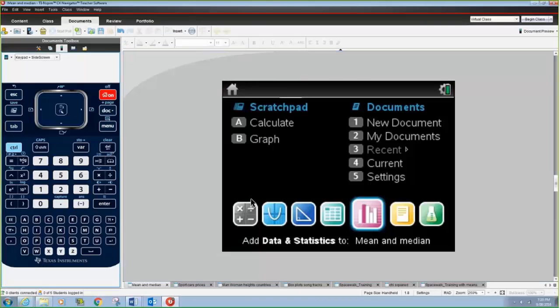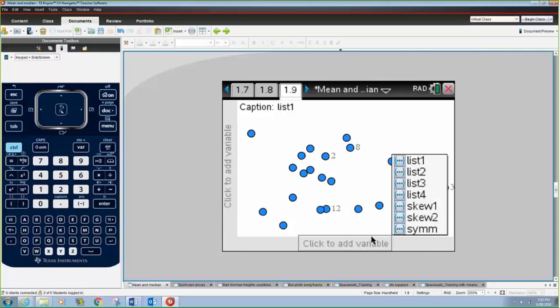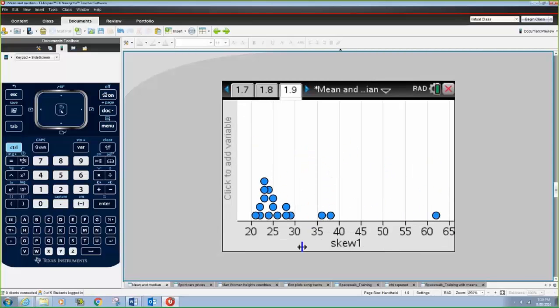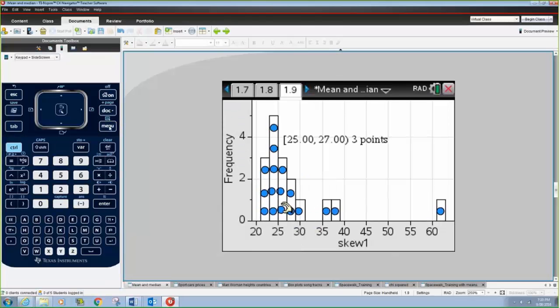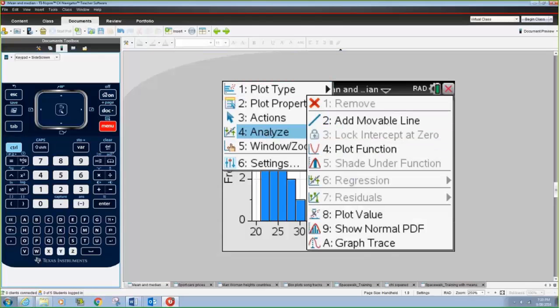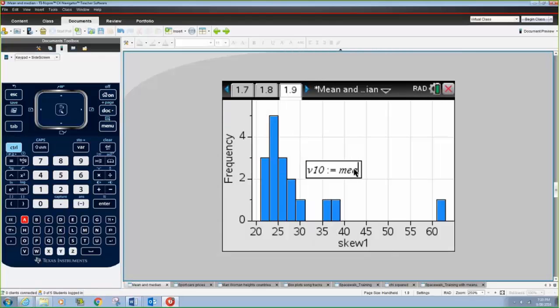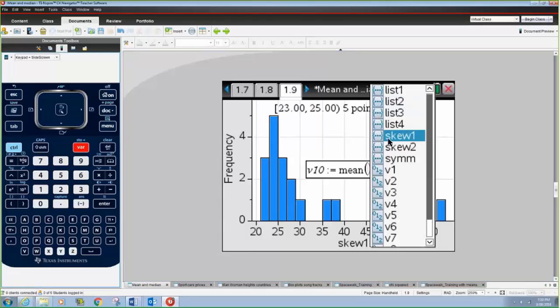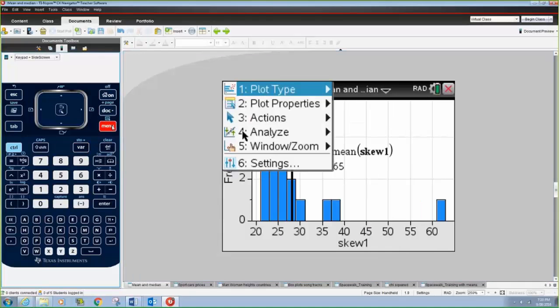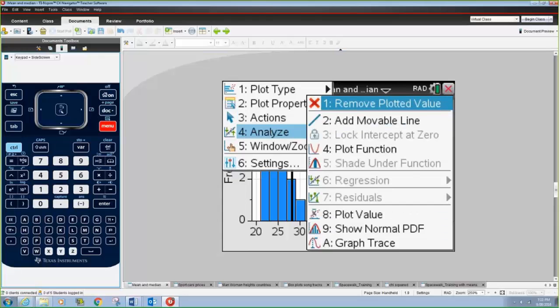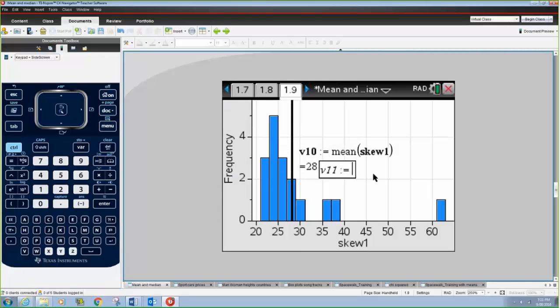So now if I try to do the graph, similar things for SKU1, and then plot type and go histogram, and if I repeat the whole exercise, going mean of this time, getting it from variables again, we have SKU1 here, and then getting menu, analyze, plot value, but this time I will do the median of SKU1.